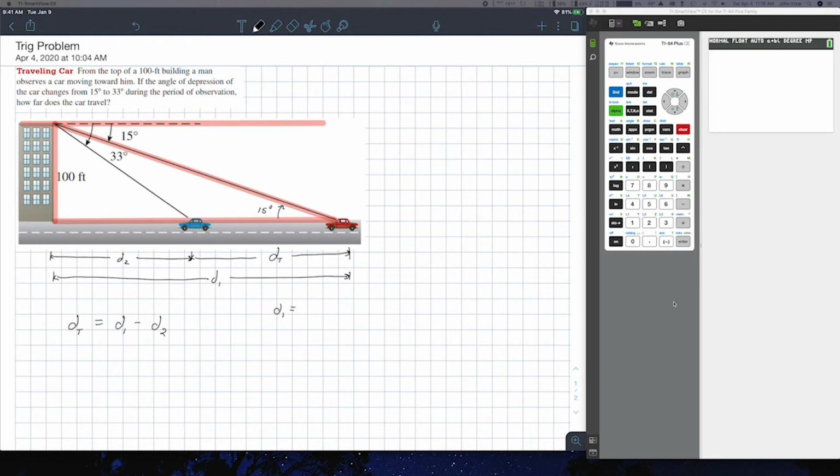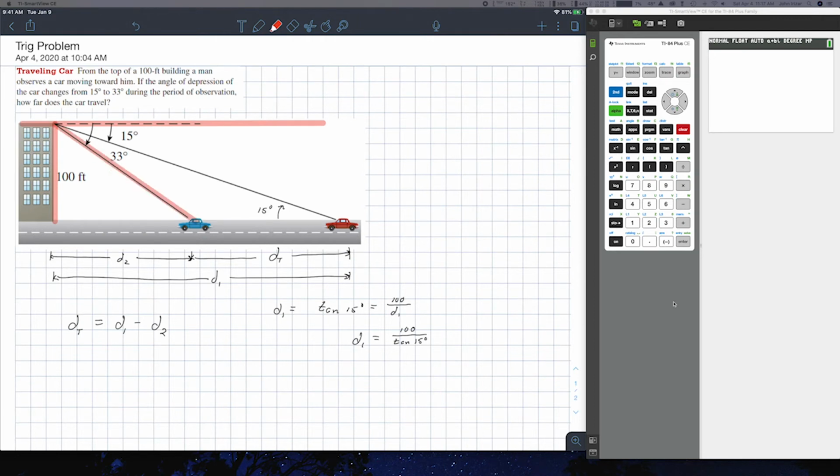So the tangent of 15 degrees is the opposite, which is 100 feet, over distance 1. Doing a little bit of algebra, d1 will equal 100 over the tangent of 15 degrees. All right, very good.